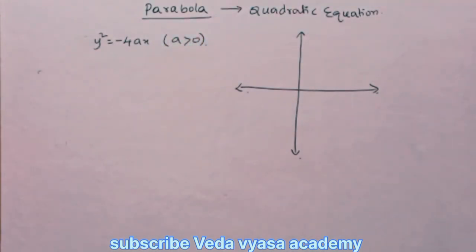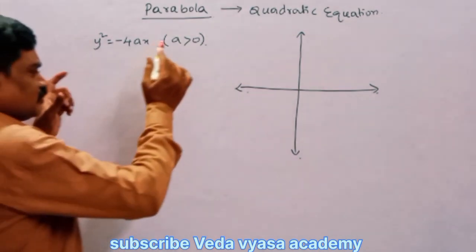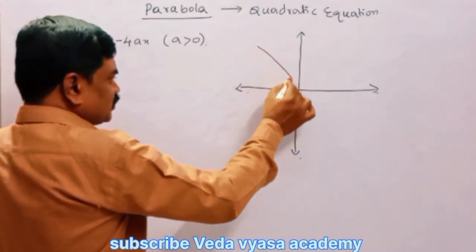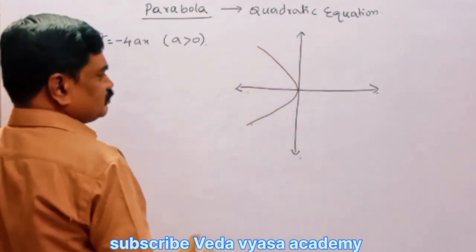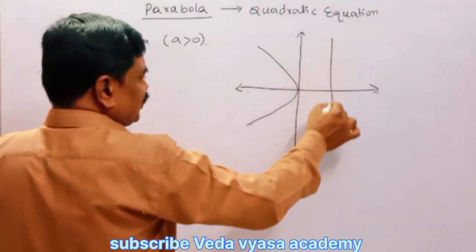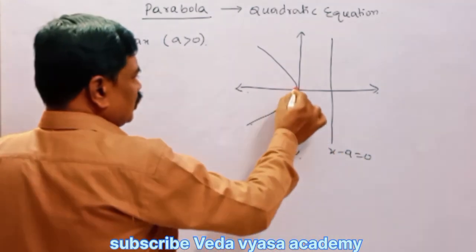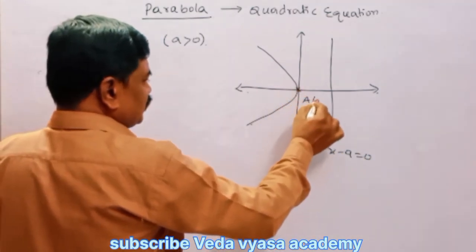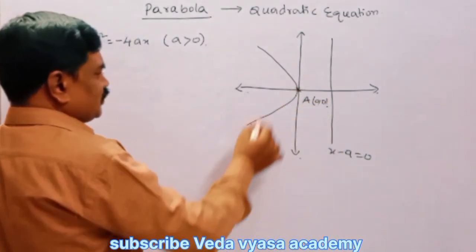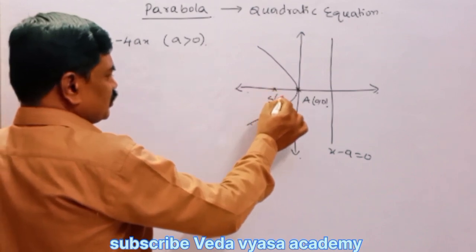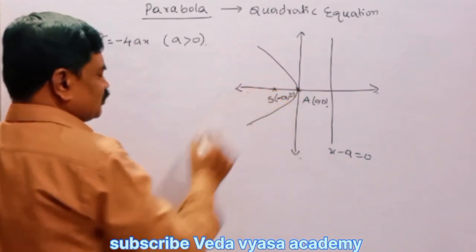This type of parabola is like this, and this is the directrix x minus a equal to 0, and this is the vertex 0 comma 0, and this is the focus S minus a comma 0.